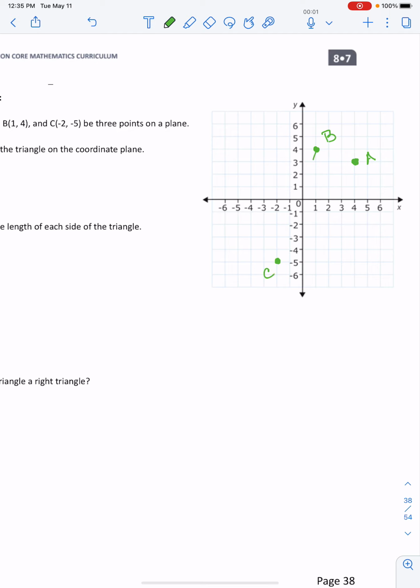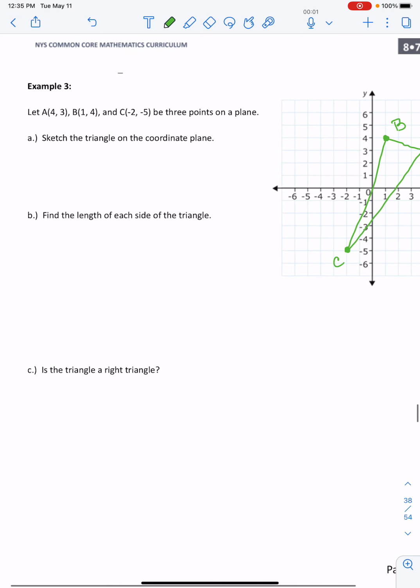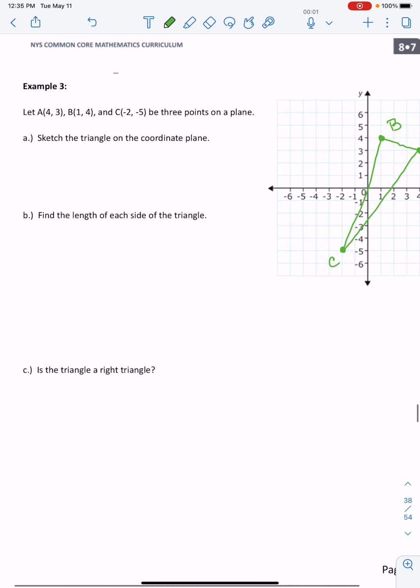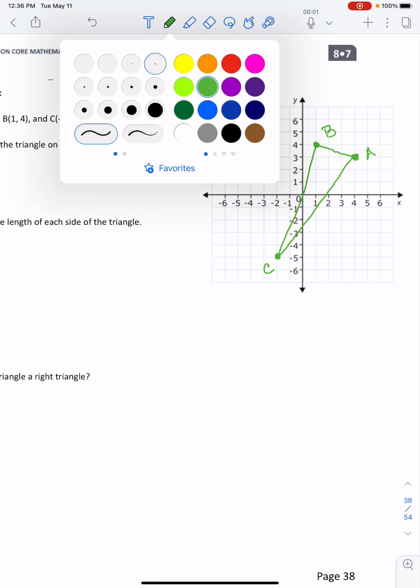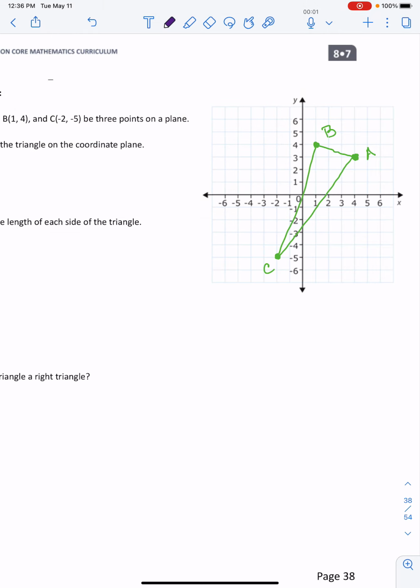So connecting these, okay, it says sketch the triangle and find the length of each side of the triangle. Well, in order to find the length of each of these sides, we have to do the Pythagorean theorem. In order to do that, here's what we're going to need to do. We have to find each of the triangle sides.